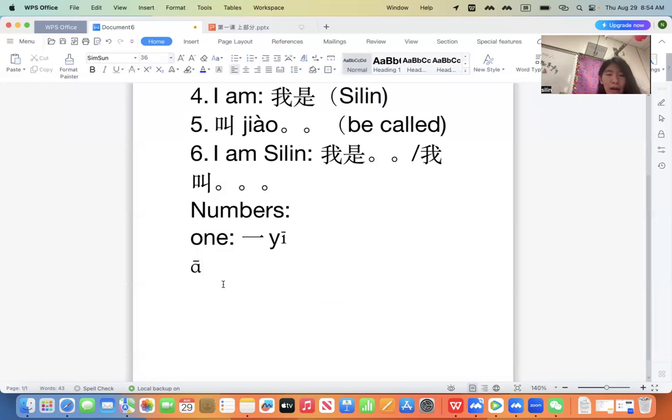So we say ā. Now let's put the 4 tones. So 4 tones in Chinese. First one. Let's use a as an example.